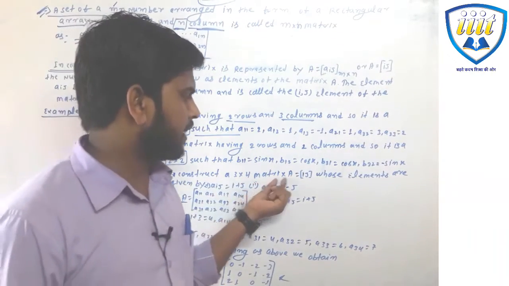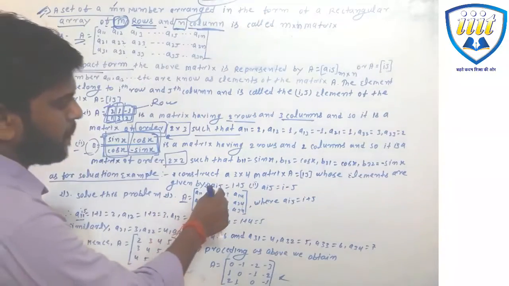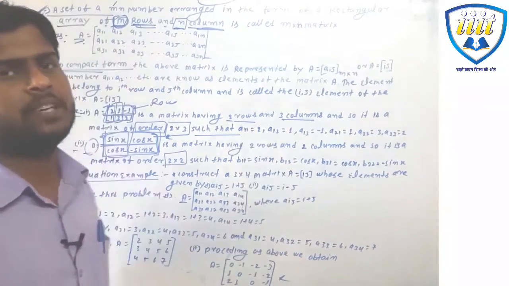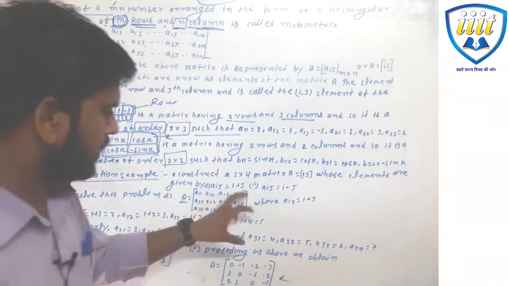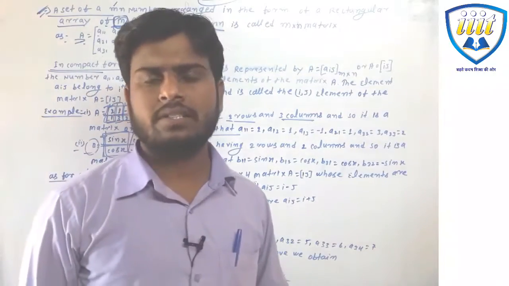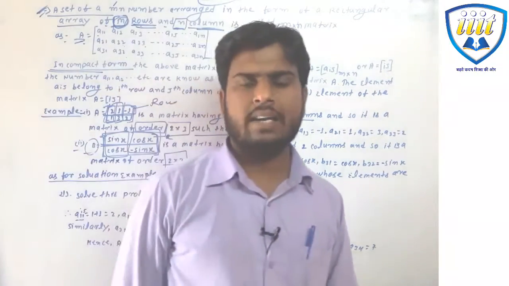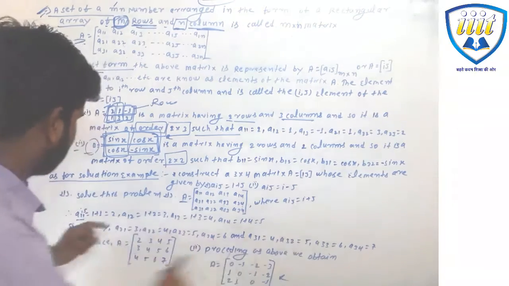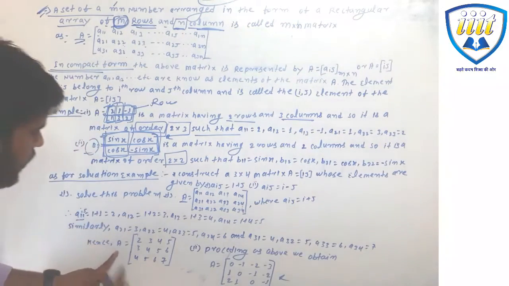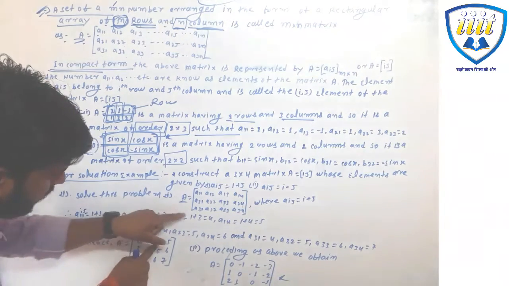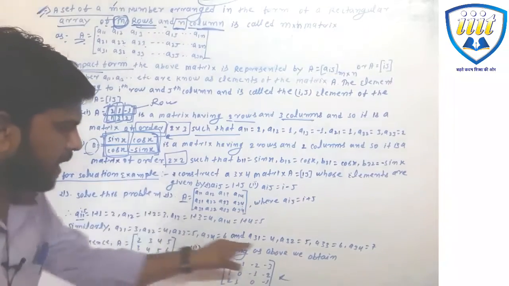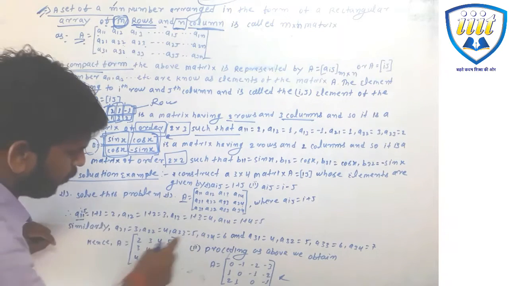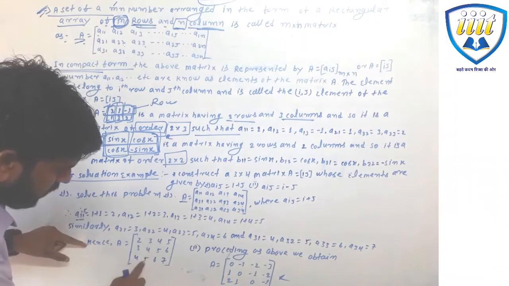Construct a 3 by 4 matrix A equal to Aij whose elements are given by: first, aij equal to i plus j, and second, aij equal to i minus j. Solve this problem: a11, a12, a13. For aij equal to i plus j, a11 is 1 plus 1 equal to 2, a12 is 1 plus 2, similarly a21, a22, a23, a24, and then 31, 32, 33, 34.